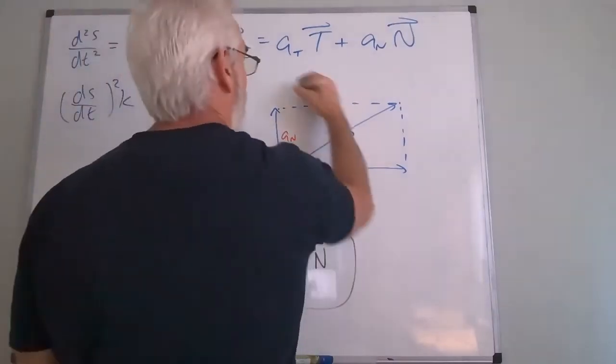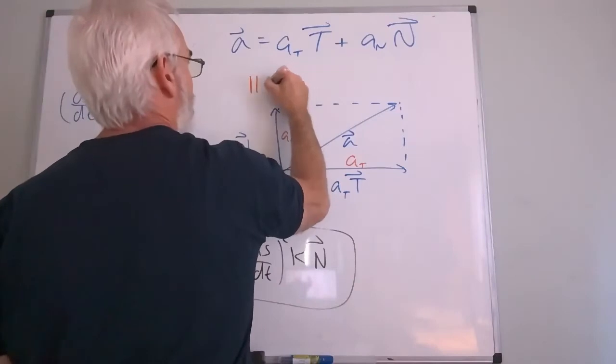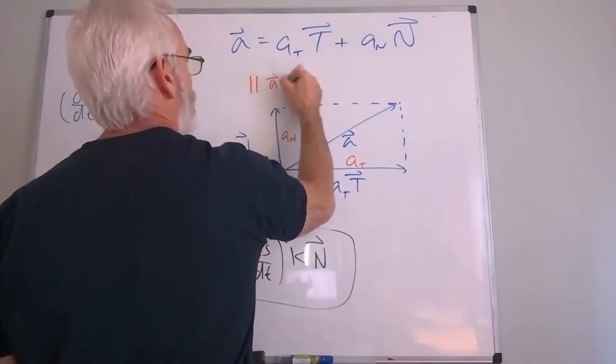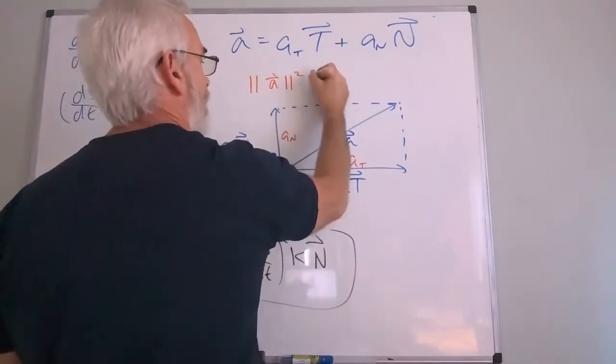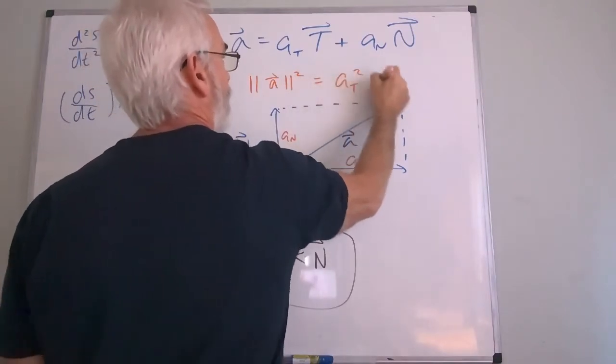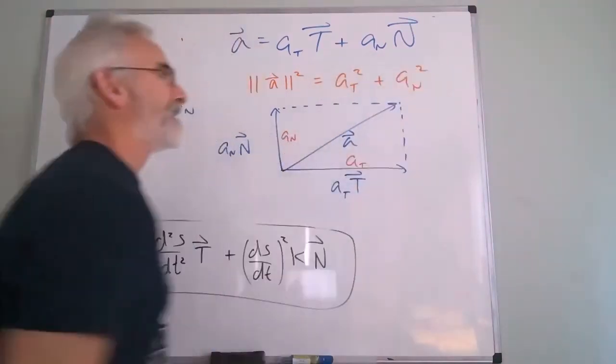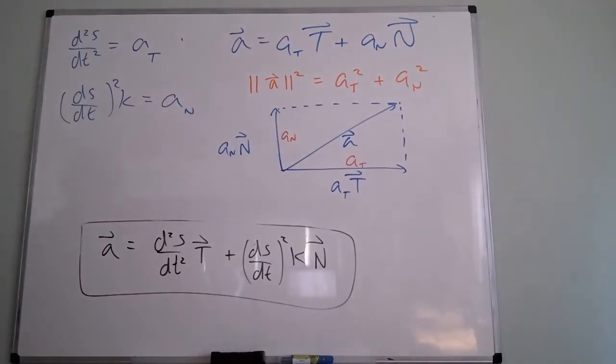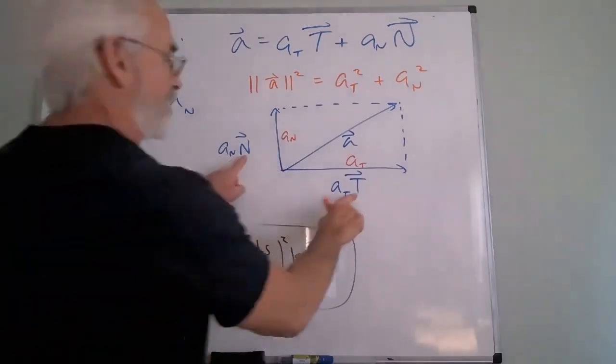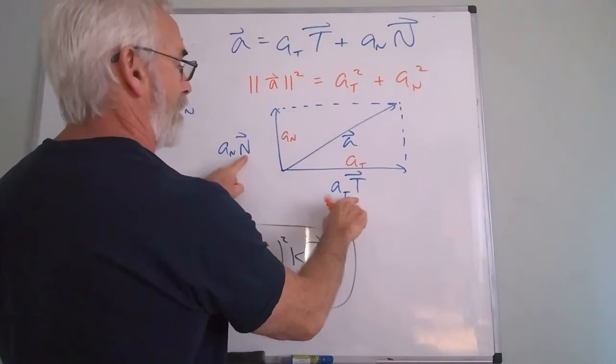So can I say safely that the square of the magnitude of the acceleration vector is nothing more than this simple Pythagorean theorem, because these vectors are unit vectors that are mutually orthogonal.